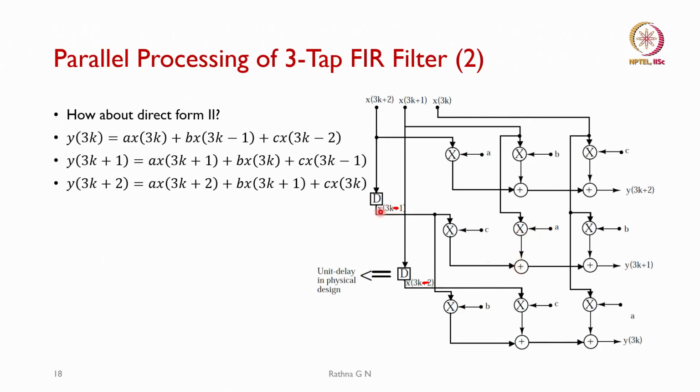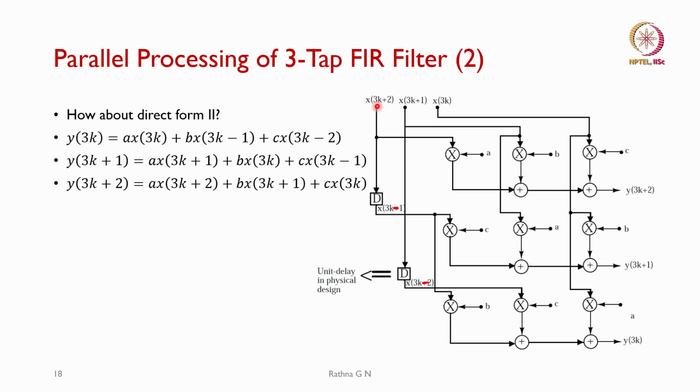The next one I want is b into x of 3k. b is here, and x of 3k comes here, and is multiplied with b, which gets added. What is the last one I want? c into x of 3k minus 1.